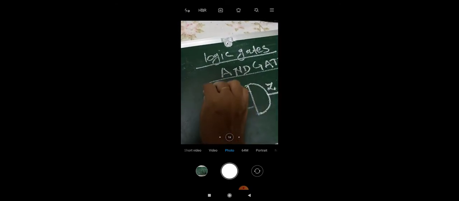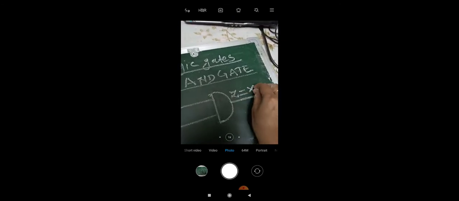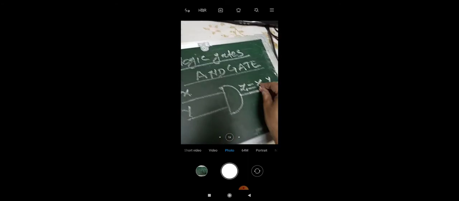Here should be x and y, and Z equal to x dot y. Why x dot y? Because the AND gate is used for multiplication.